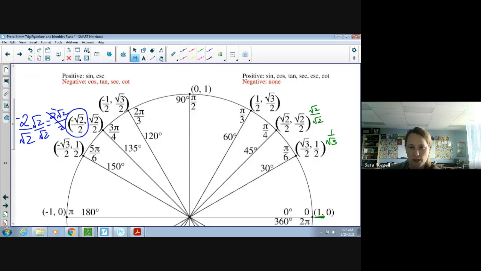Oops, sorry, I switched it. I did y over x. This is √3 over 1. Sorry. This one is 1 over √3. All right, that just simplifies to √3. This simplifies to 1. I got to rationalize this one. All right, so I got my √3 over 3 at 60 degrees.